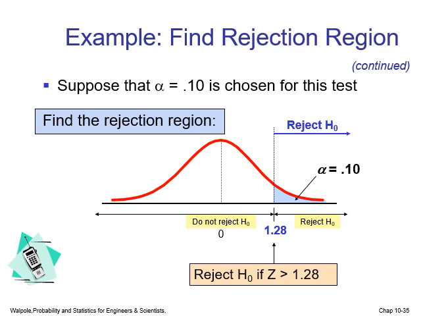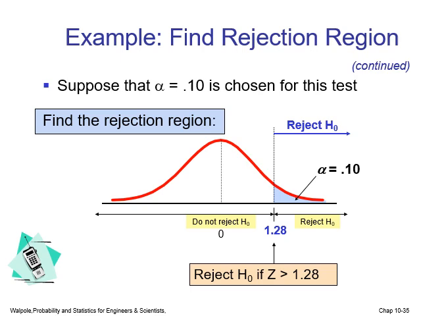Now, since we are using the upper tail test, we need to define the rejection region, which is in the upper values of the working area.